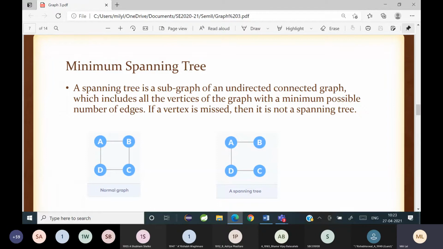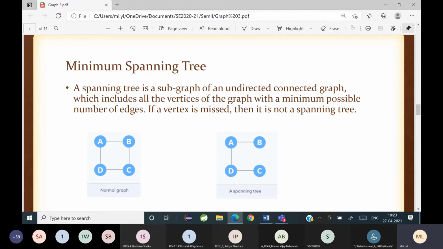As you can see here, weight is not given, but all the vertices have already come. So that is a spanning tree. Whereas in the first case, you see a normal graph, so that means a spanning tree won't form a closed loop. That is what you have to remember in your mind.